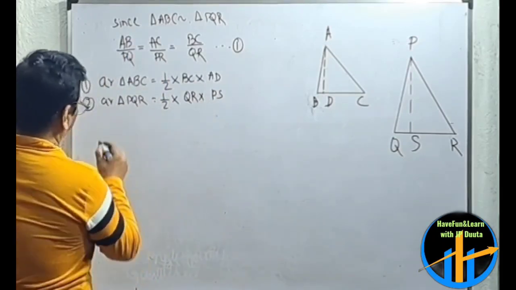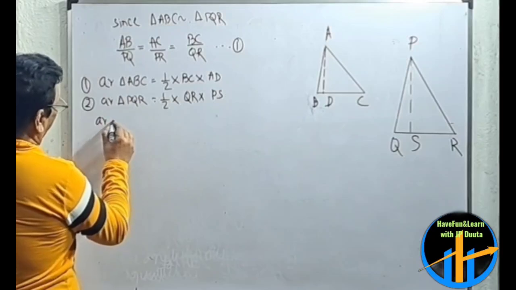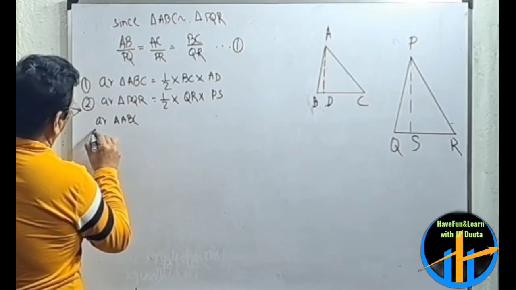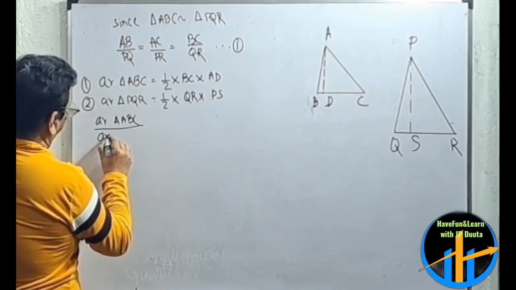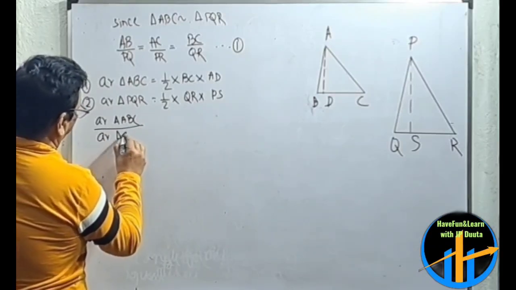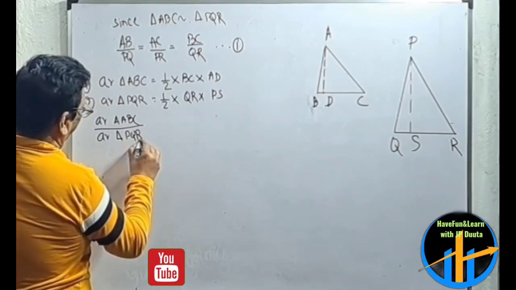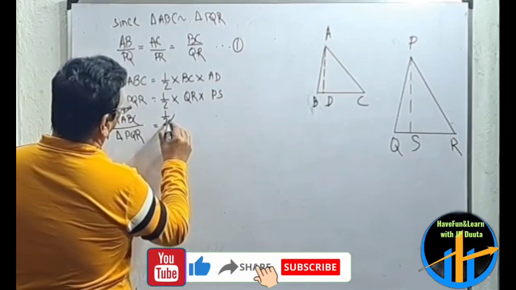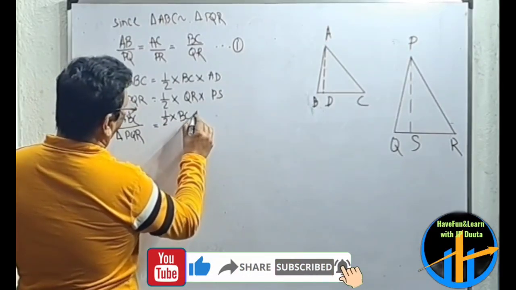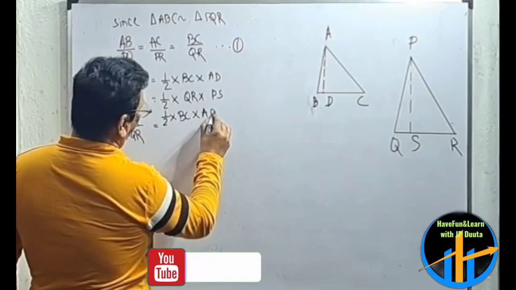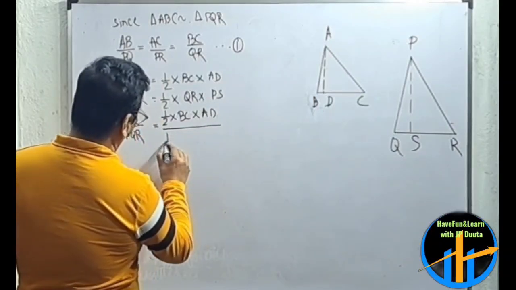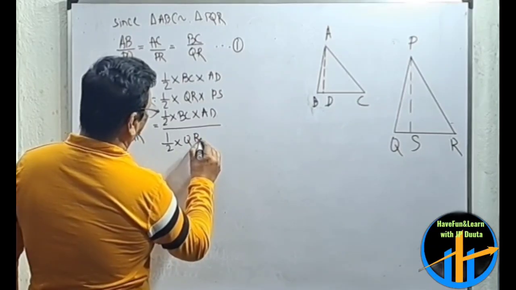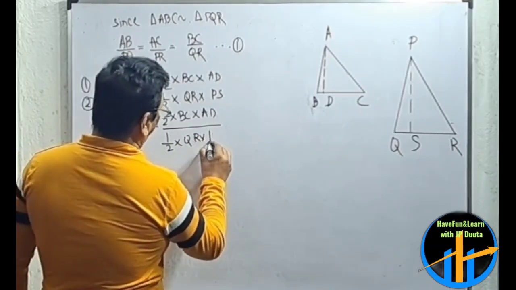Now if we take the ratios, area of triangle ABC to the area of triangle PQR, we can write half into BC into AD divided by half into QR into PS.